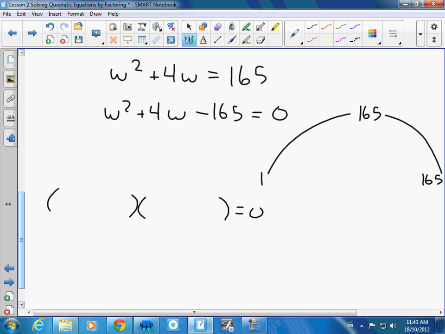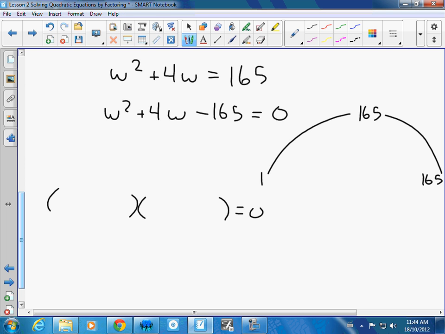You try 2. Does 2 go into 165? Well, does 2 go into 16? Yeah, 8 times, but does 2 go into 5? Not evenly. So 2 doesn't work. What about 3? 3 goes into 16 4 times, right? That would be 12, then 45. Does 3 go into 45? How many times? So what's our factors on those ones?